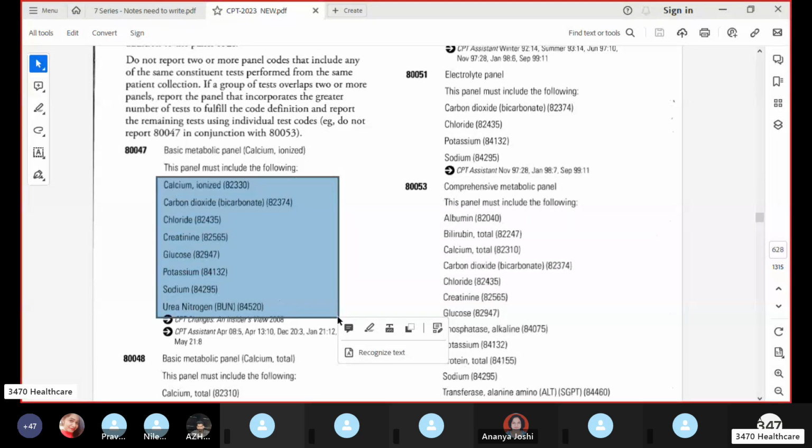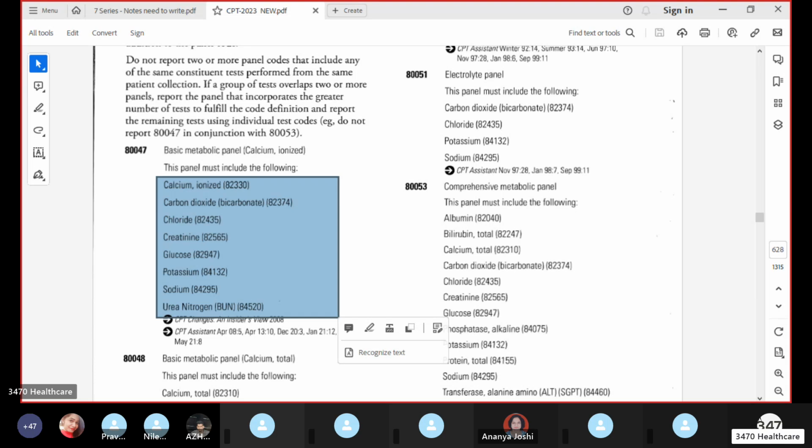If any one or two tests are missing, don't go with 80047. Don't code the panel; code each test separately. Everyone understood? If the panel is met, with the required tests, you can give the panel code.